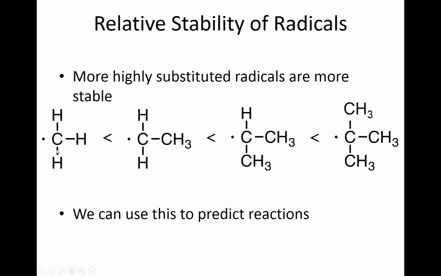When I'm looking at this methyl radical here, if I have only hydrogens bonded to this carbon and an unpaired electron, that is much less stable than if I have one methyl group, less stable than if I have two methyl groups, and even less stable still than if I have three methyl groups.